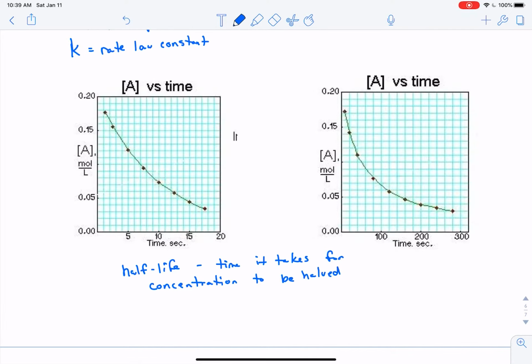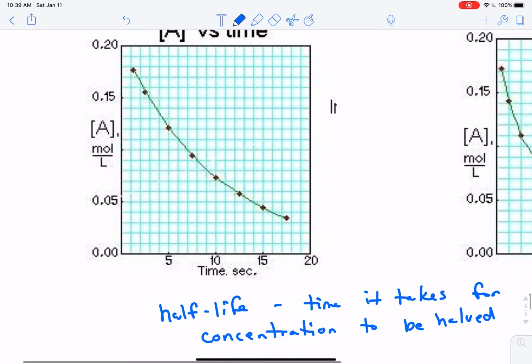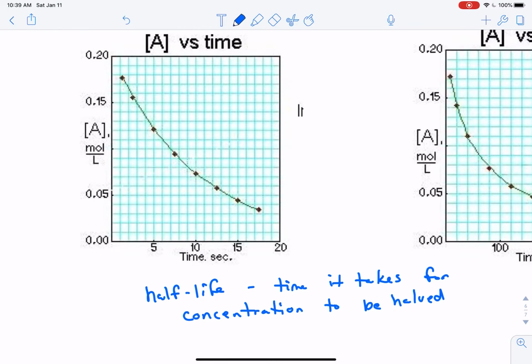It turns out that if you do a half-life for a first order reaction, let's say you do 0.16 to 0.08, and then this time at 0.08 to 0.04, those times are approximately 1, 2, 3, 4, 5, 6, 1, 2, 3, 4, 5, 6.